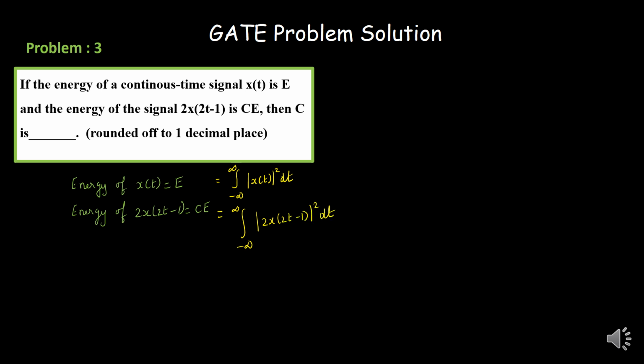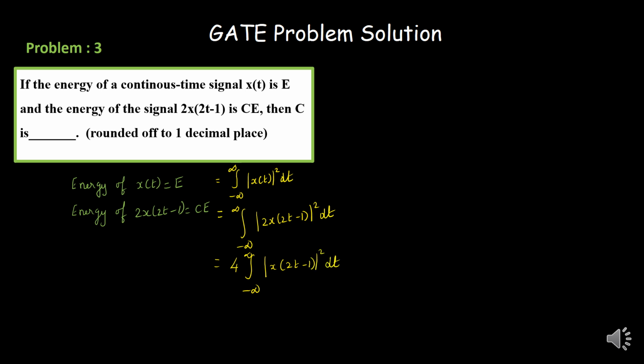Okay. So now this 2 is constant. 2 square is 4. So we can take 4 outside. So 4 into integral of minus infinity to infinity modulus of x of 2t minus 1 the whole square dt.